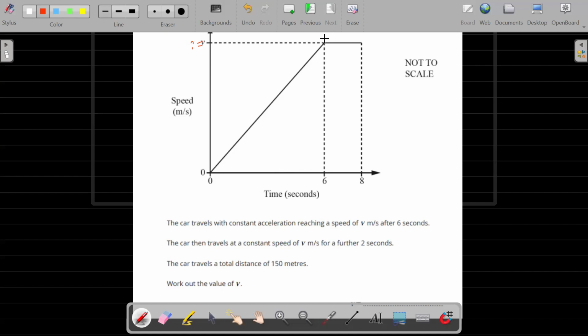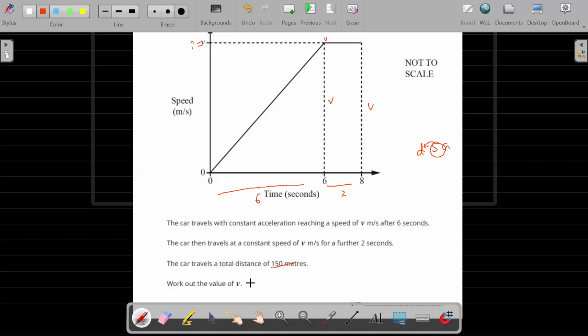The total is v, and I know the total distance as well. So this one is v, this horizontal distance is 6, and this one is 2. Since total distance is given, we can work out the value of v according to DSA. As this is a speed-time graph, we have to move backward, so we have to take the area under the curve.